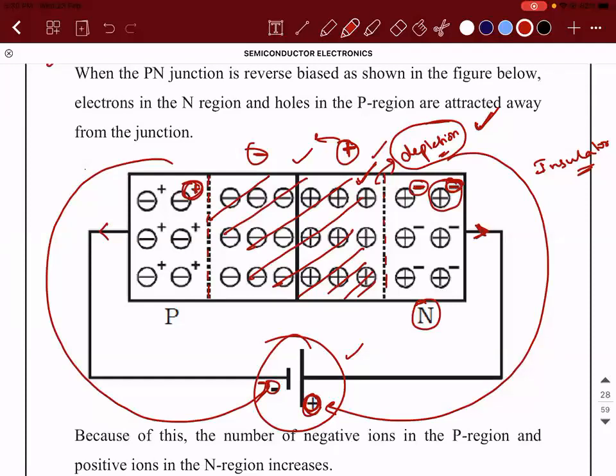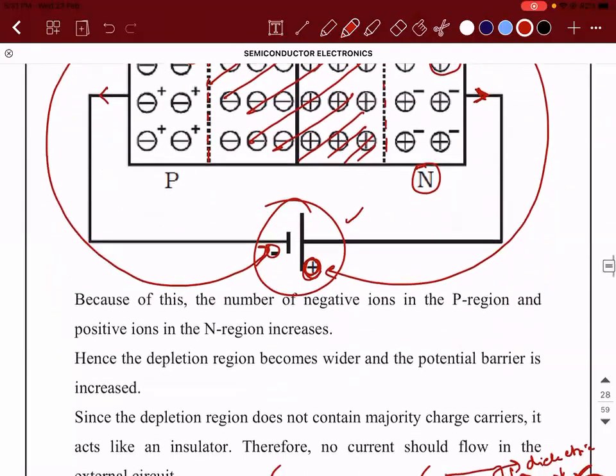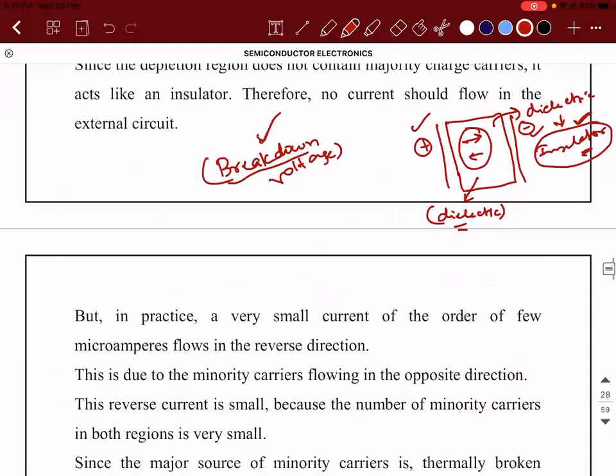After which it experiences a breakdown and it suddenly starts conducting. But the question here is, when it starts conducting, is the value of current that is being conducted going to be high? The answer is no, because the conduction is taking place not due to the majority charge carriers, but due to the minority charge carriers. Okay. So this is the reason.